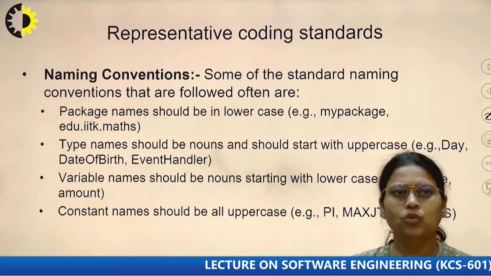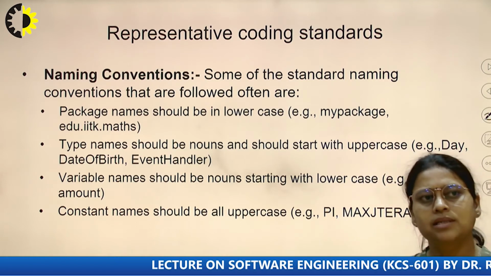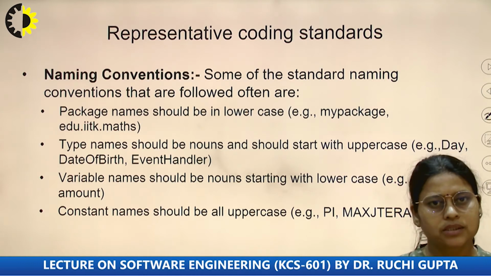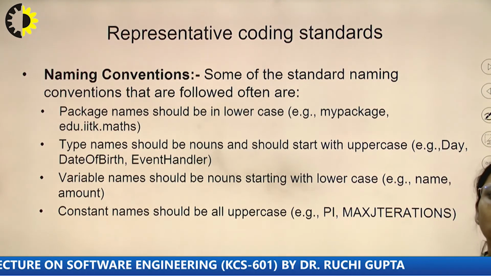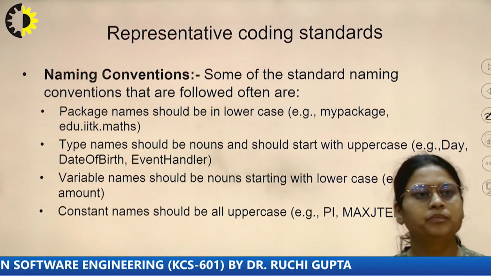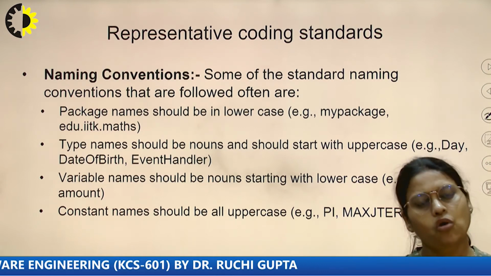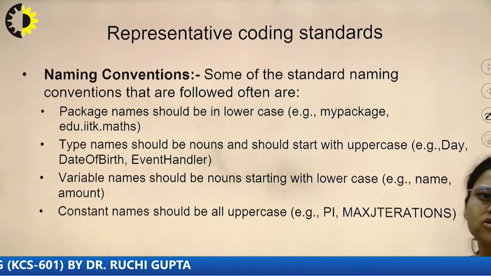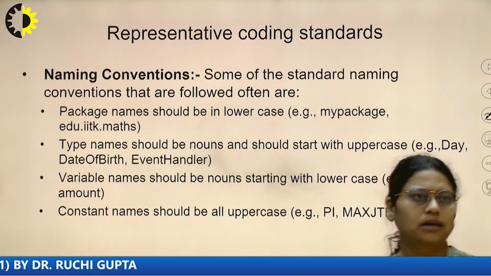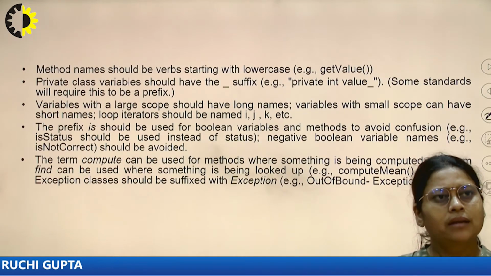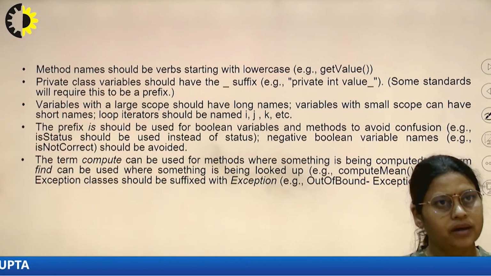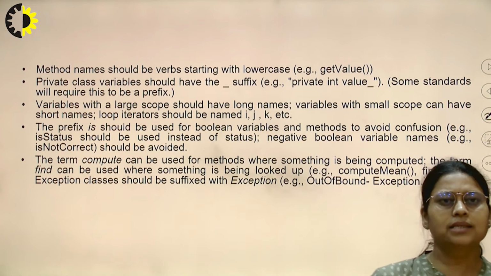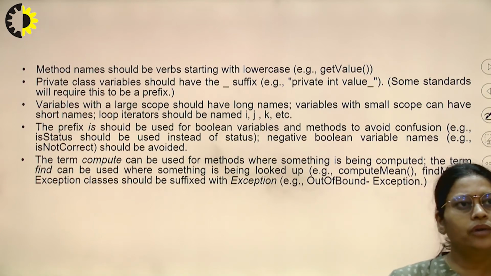Variable names should be nouns, and a variable name always starts with a lowercase letter, for example, name, amount. Constant names should always be uppercase, for example, PI, MAX, etc. Method names should be verbs and should also start with lowercase, for example, getValue is a method.